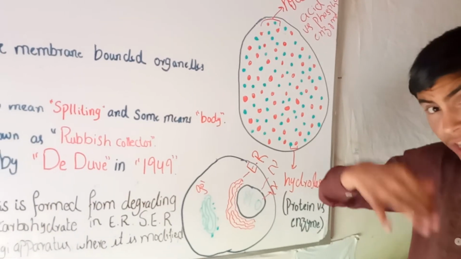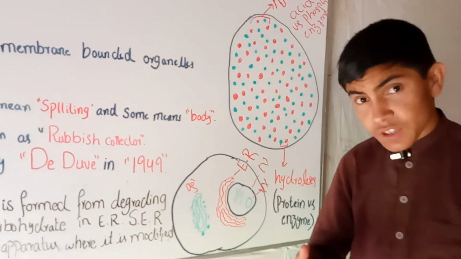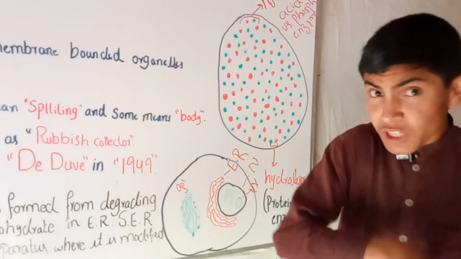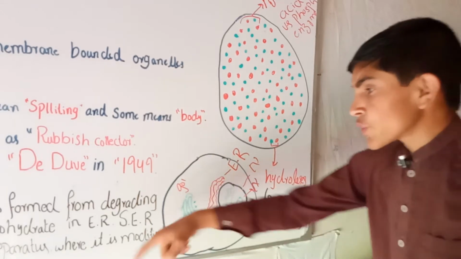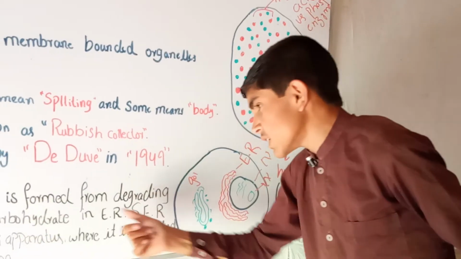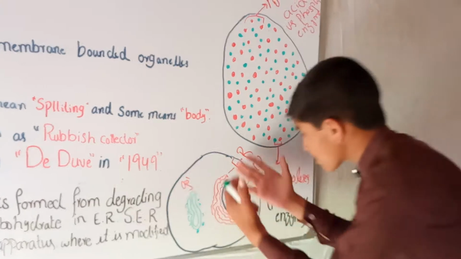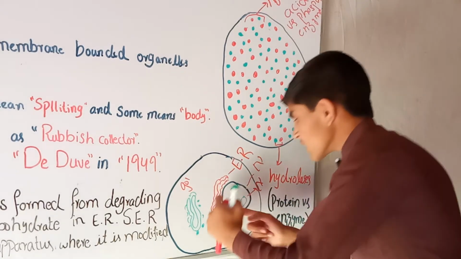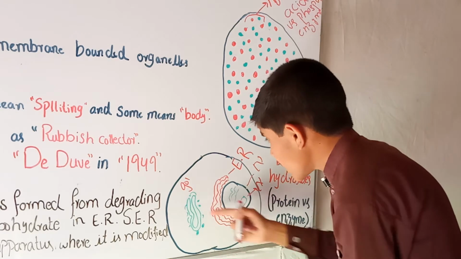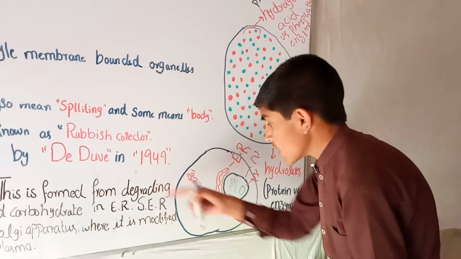In this way ATP is formed. In this way protein, lipid and carbohydrate are also synthesized. So these protein, carbohydrate and lipid are present in the endoplasmic reticulum. Then they move to the next part, the Golgi apparatus.